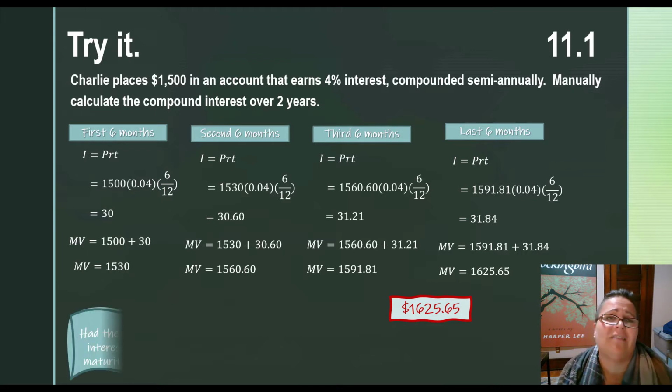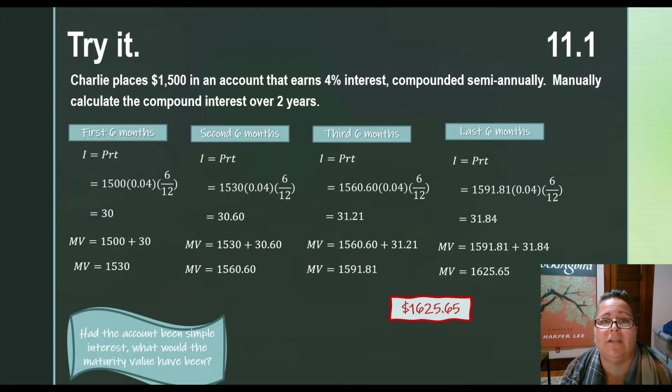If we had just done simple interest the entire time, we would have had the principal, the original $1,500, times 1 plus RT, or 0.04 times 2 years, which is $1,620.